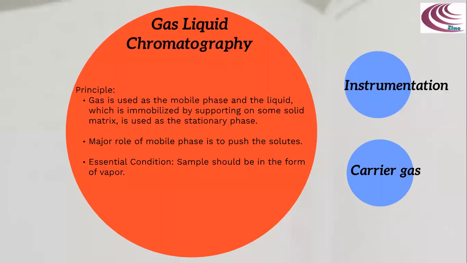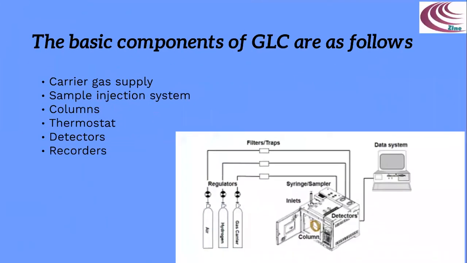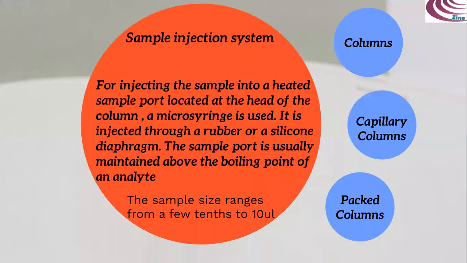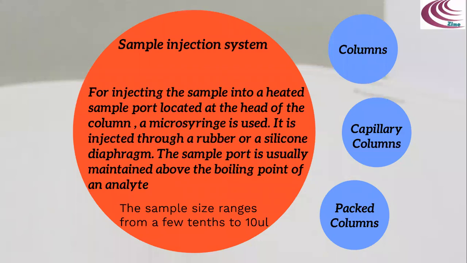Then in gas liquid chromatography, the basic principle and essential conditions. Then in the instrumentation part, we have seen carrier gas supply and sample injection system, as well as columns used in gas chromatography.